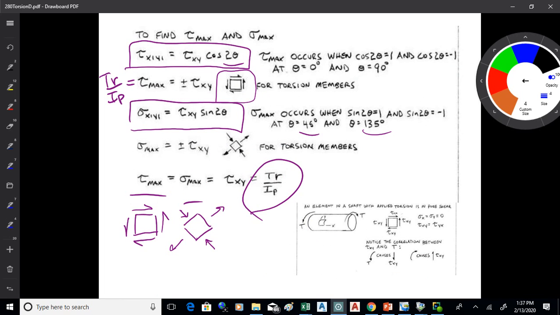That's where the maximum shears occur. And as it turns out, the maximum normal stresses occur 45 degrees off of that. Because if you remember from the biaxial stuff, the principal stresses and the maximum shear stresses are 45 degrees apart. That's why this is happening. Okay. So both tau max and sigma max are TR over I. However, they occur 45 degrees apart. Okay.